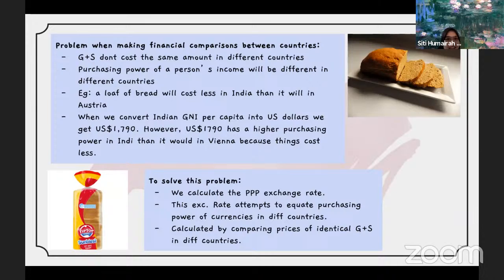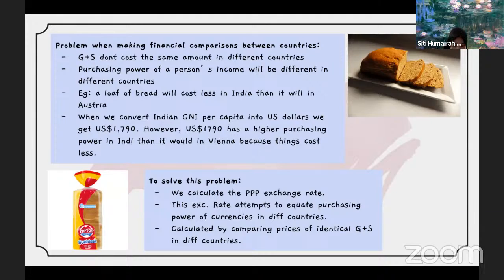For example, a loaf of bread costs less in India than in Austria, and when we convert Indian GNI per capita into US dollars, we get $1,790. However, $1,790 has higher purchasing power in India than it would in Austria, because things cost less. So to solve this problem, we calculate the PPP exchange rate.